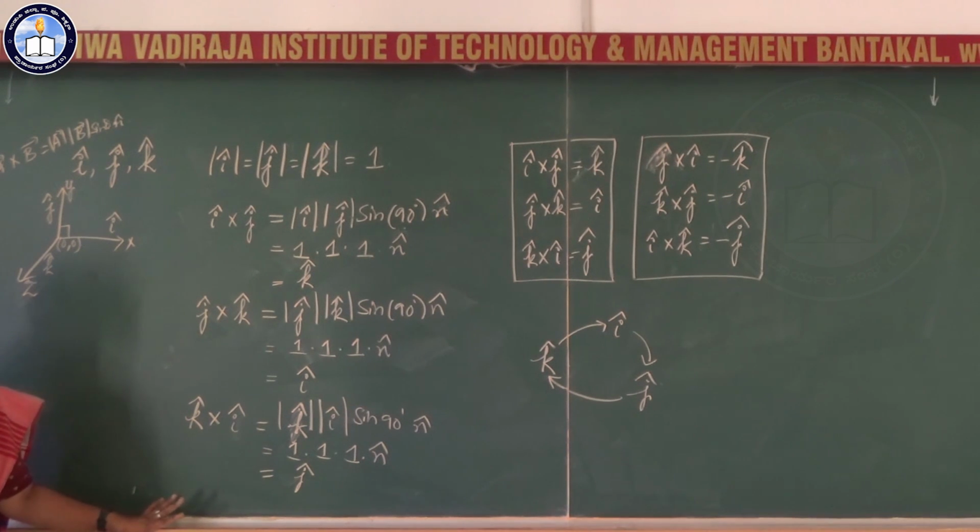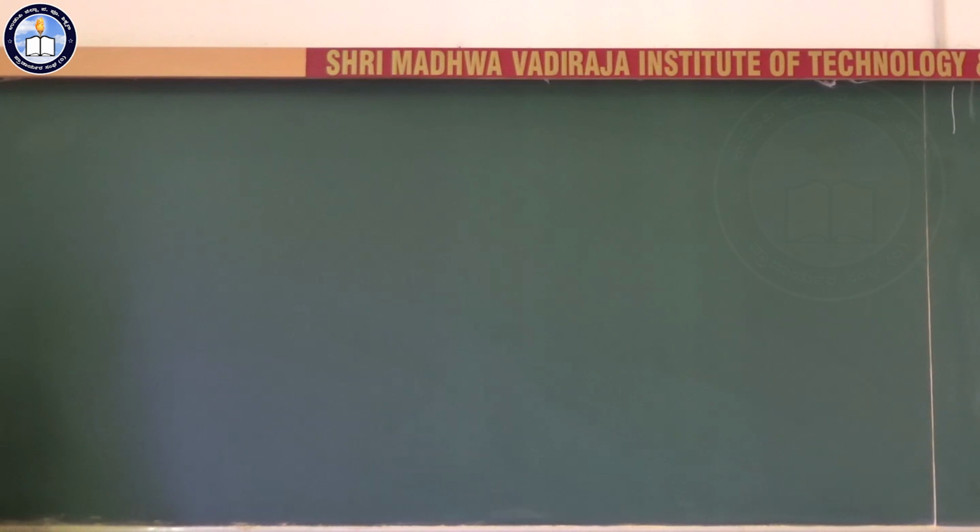You can also take the vector product in the Cartesian or rectangular coordinates. Now, let me take two vectors, vector A and vector B, in the component form.